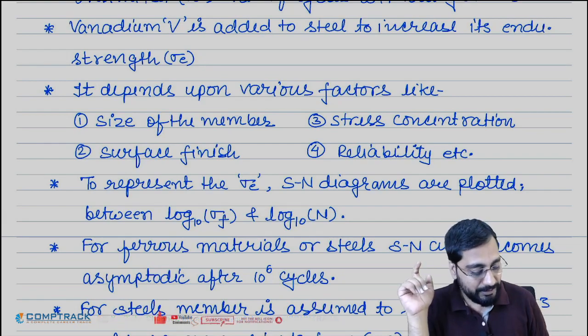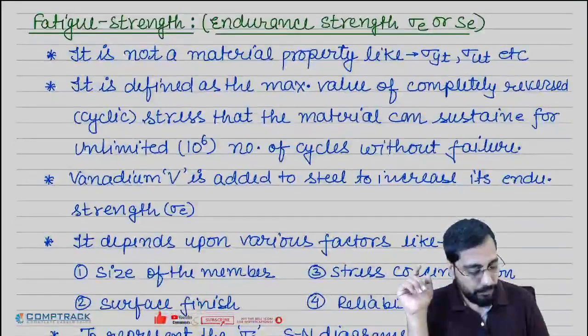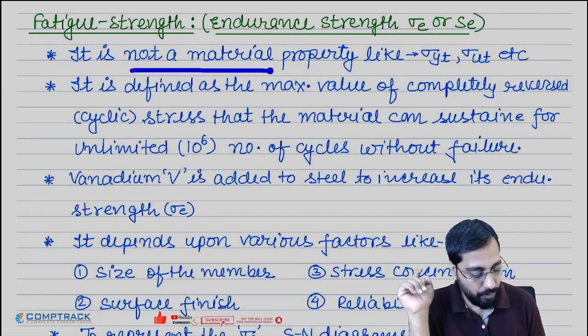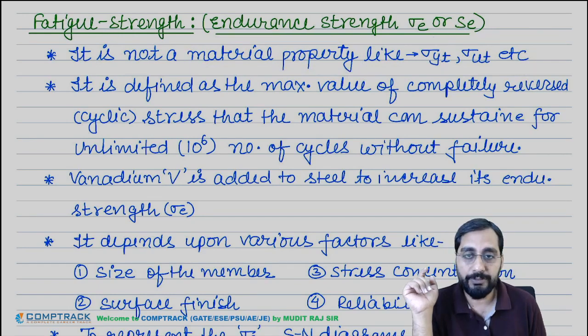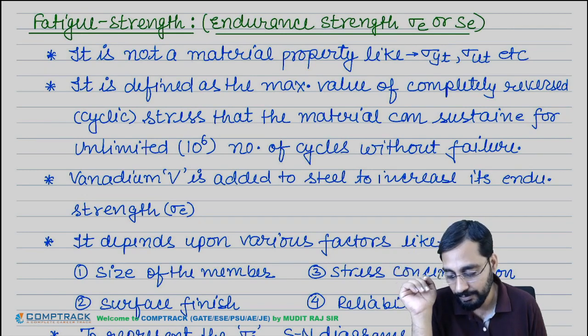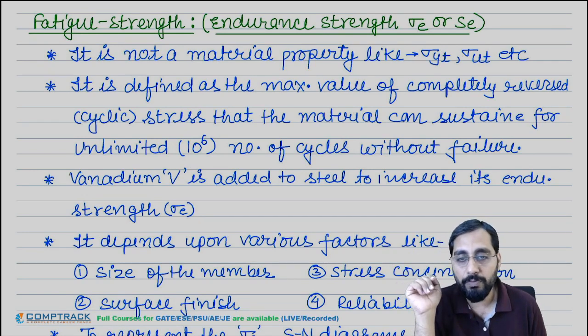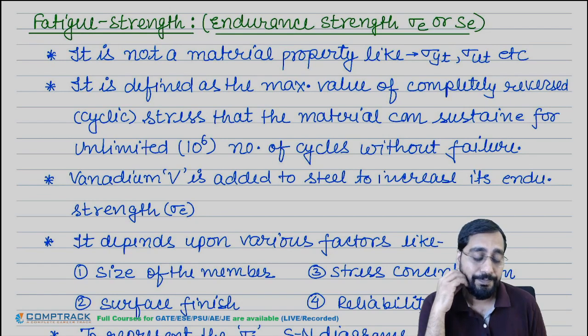So the first point is clear. It is not a material property like sigma yt, sigma ut, etc. Sigma yt, sigma ut. This point is clear? Very good. Now come back.